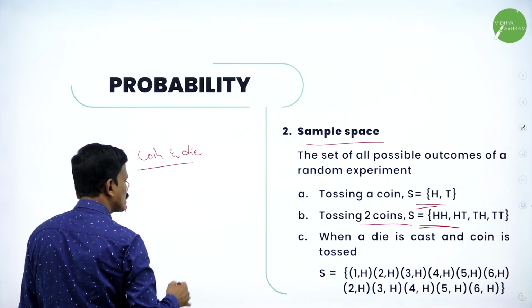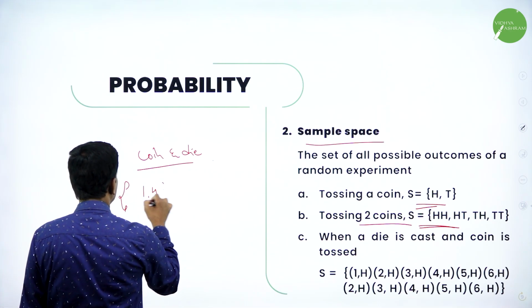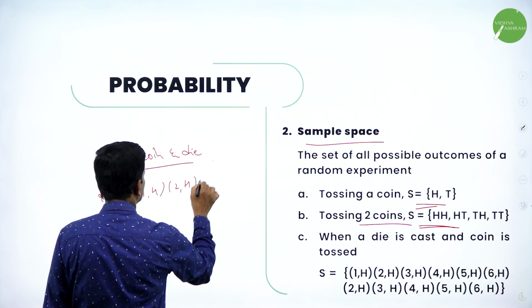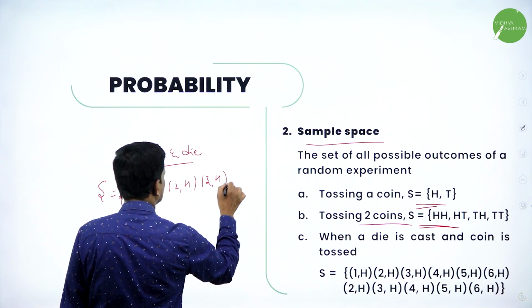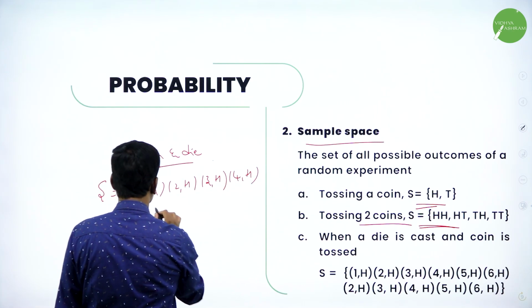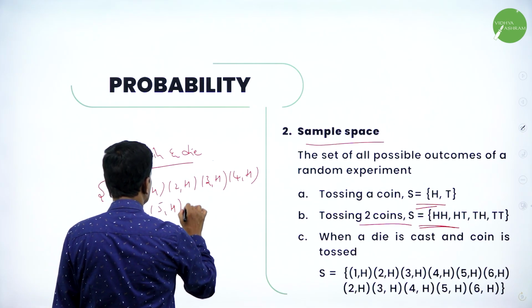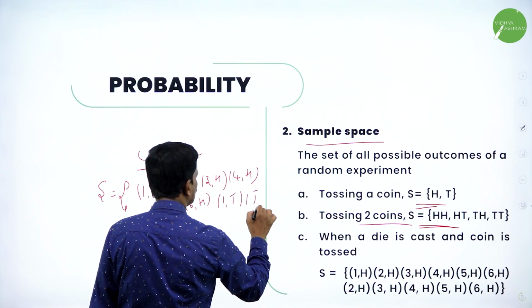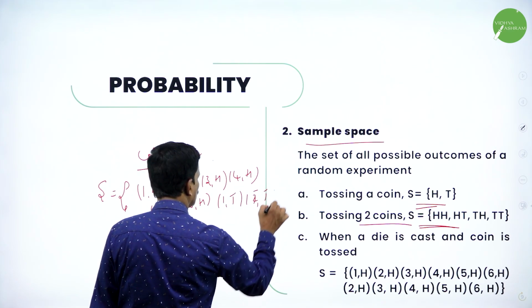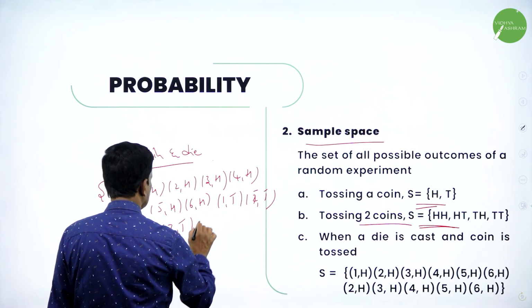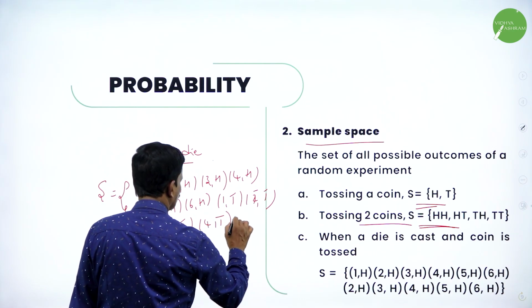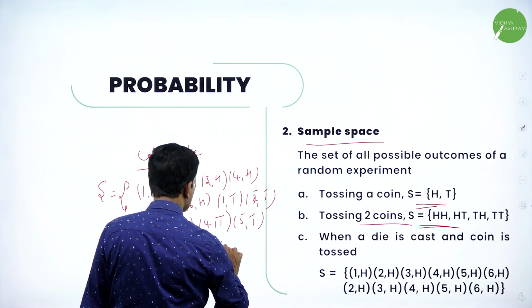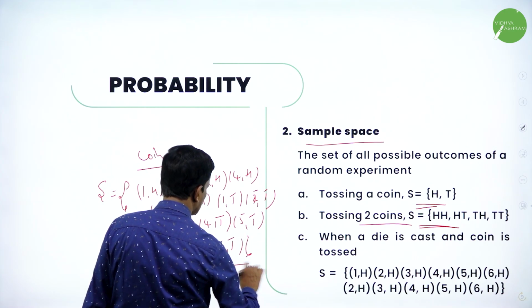The sample space is 1 comma head, 2 comma head, 3 comma head, 4 comma head, 5 comma head and 6 comma head. Similarly, we will get 1 comma T, 2 comma T, 3 comma T, 4 comma T, 5 comma T and 6 comma T. So totally there are 12 events.